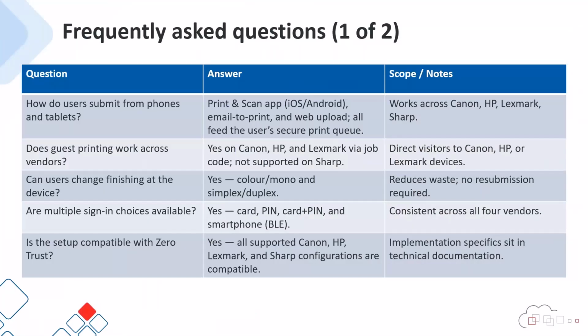So I won't go through all of them, but these are the questions customers normally raise first when they start looking at mixed vendor support with uniFLOW Online. They're about everyday use at the device, how jobs are submitted, how users sign in, how finishing actually works, and whether things like guest printing or zero trust behave consistently across the Canon, HP, Lexmark, and Sharp vendors.